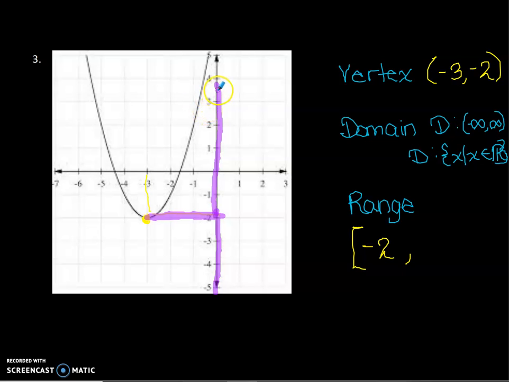The parabola y values are still being used all the way up to infinity. So -2 to infinity, or y such that y is greater than or equal to -2.